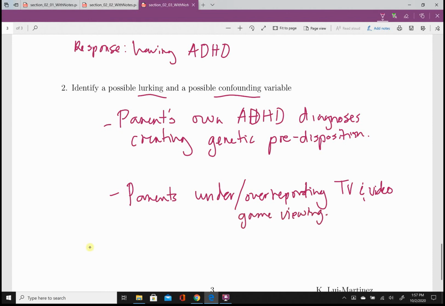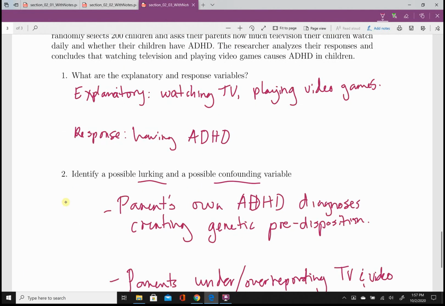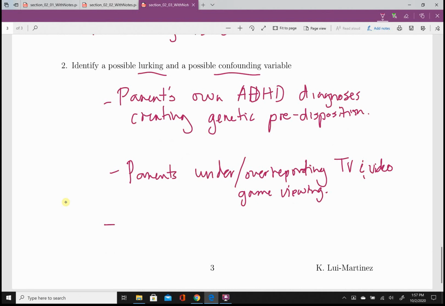Another thing is, are these ADHD diagnoses actually being done by a medical professional, or are these self-diagnoses from parents? So these are the things you want to think about in terms of lurking or confounding variables.